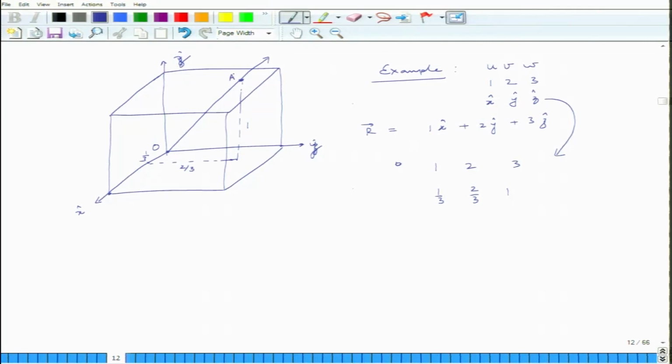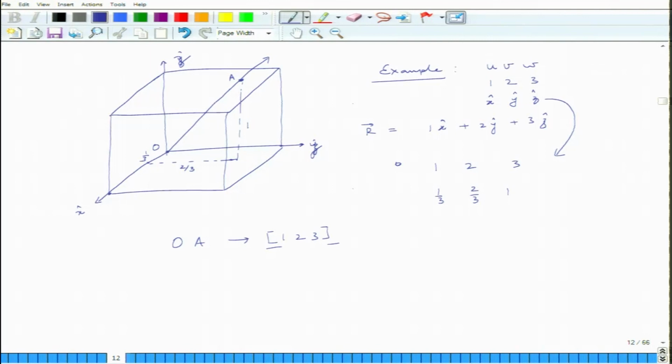So, this is A, this is the direction OA. So, OA is nothing but the 1, 2, 3 direction, alright. So, this is the direction. A single direction is determined by these square brackets, and family of directions is given as angle brackets one u v w. So, this is a single direction, this is a family of directions.